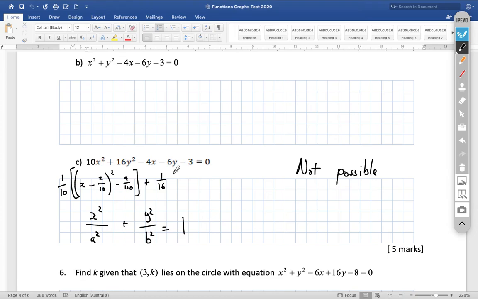Anyway, how are you going to know if you see a question like this? I suppose if you've got different coefficients, and you cannot make a 1, let me explain what I'm trying to say.